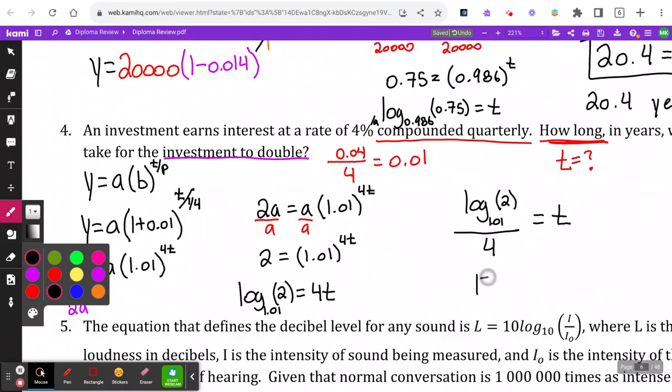You get 17.4 years. And is that in years now? That is in years. Yes. It never asks you what the investment was. But it would take 17.4 years for my investment to double. I didn't know that. I see what you're saying.